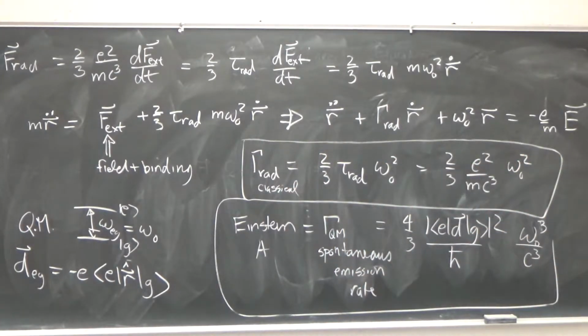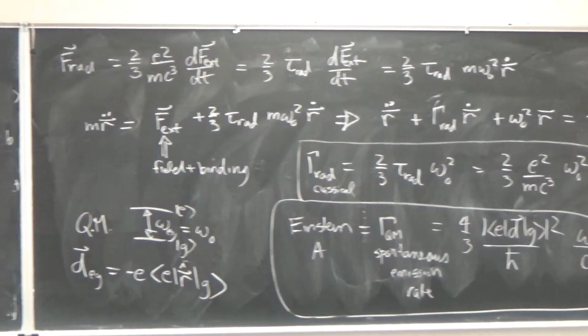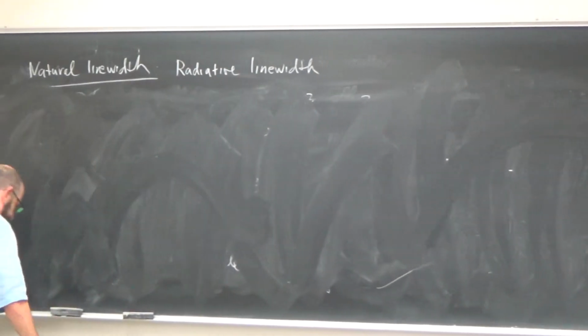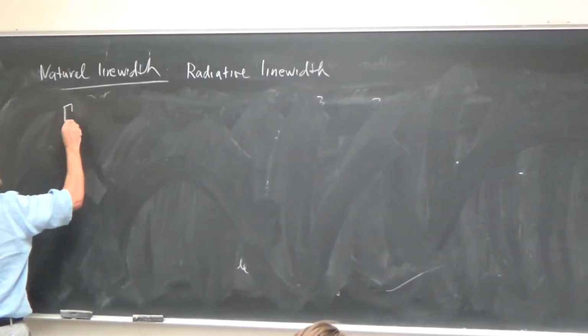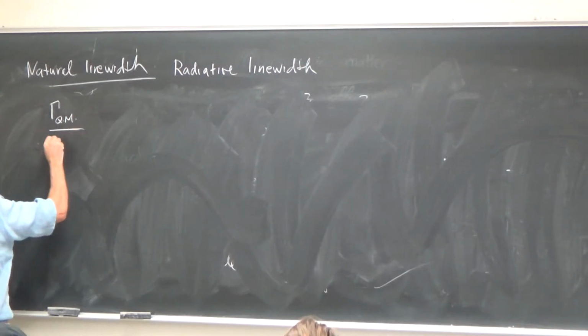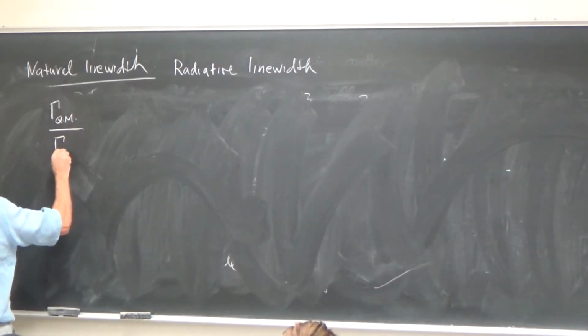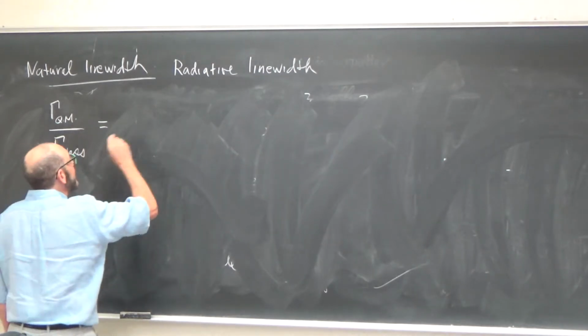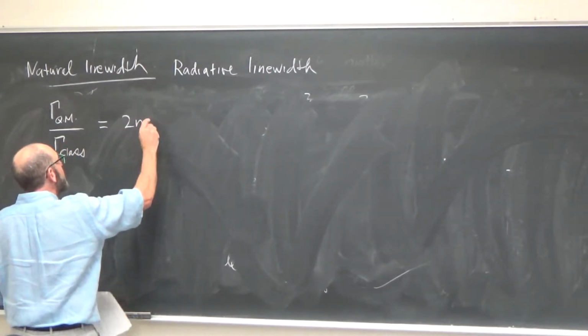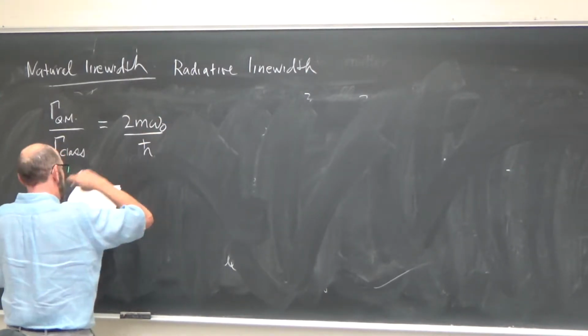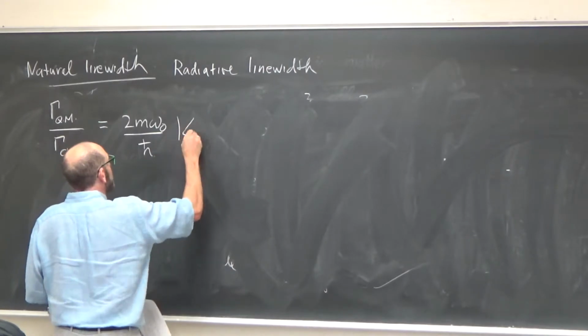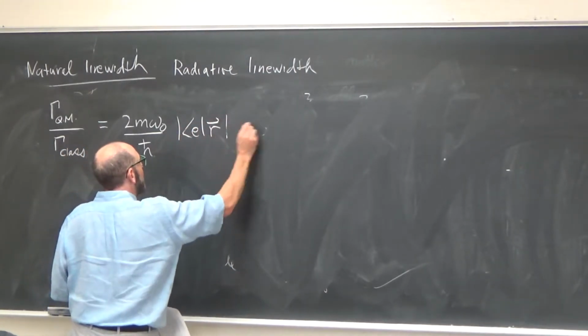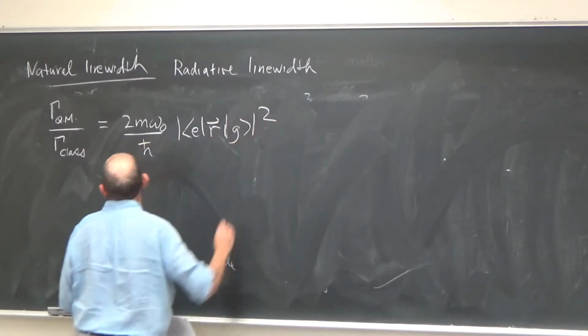So the ratio of these is what? The ratio of the quantum rate of decay to the classical rate of decay is equal to the following. 2m omega naught over h bar times the matrix element of the position of the electron relative to the nucleus squared.